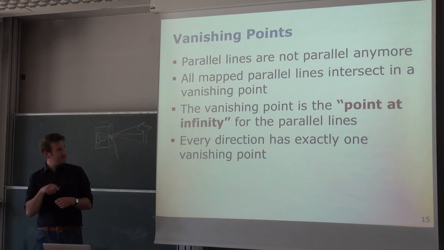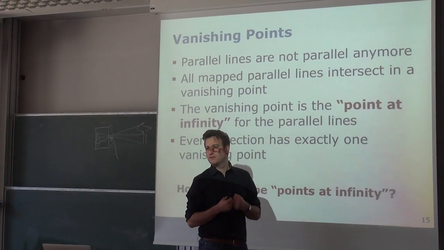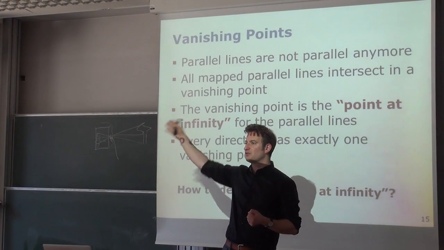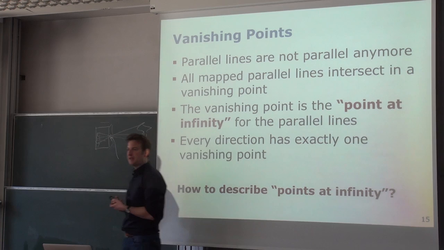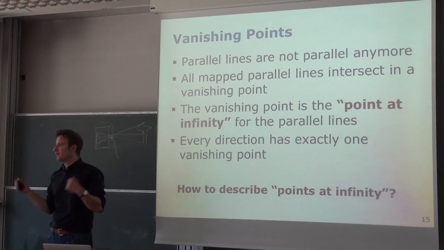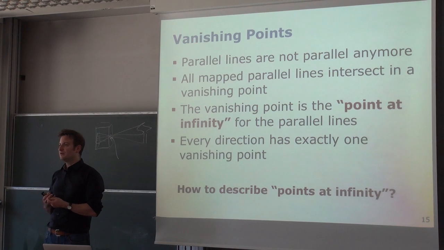And as soon as we have that, we may also think, how can we actually describe points at infinity? Of course, in the Euclidean space, to describe a point at infinity, we could set the x, y, z coordinates to infinity, and then it's a point which is infinitely far away. But what I lose if I do that is directional information.